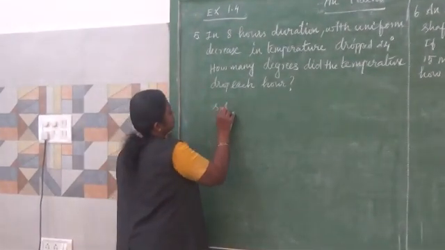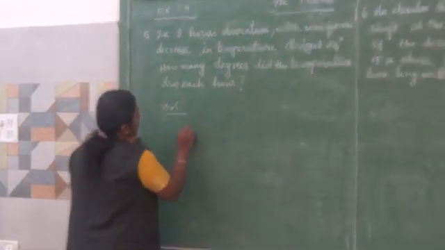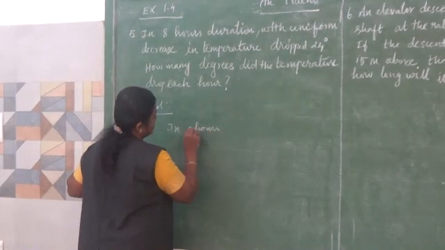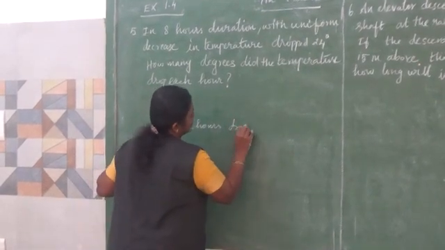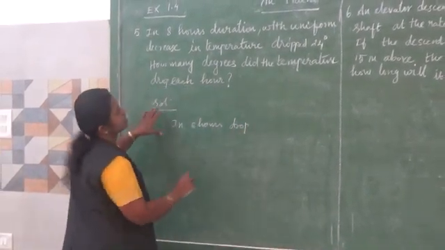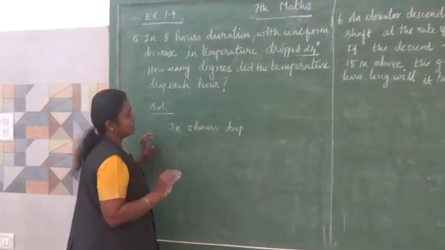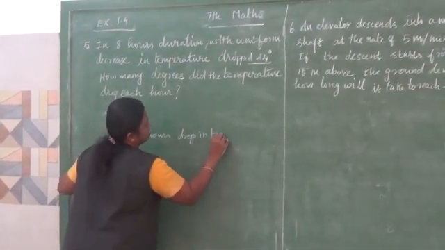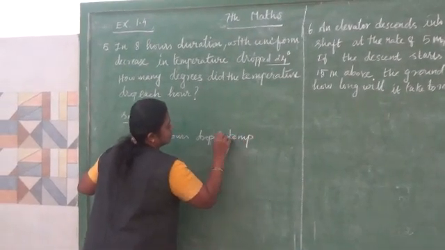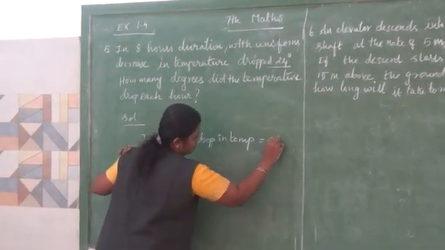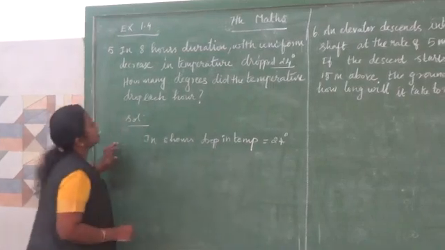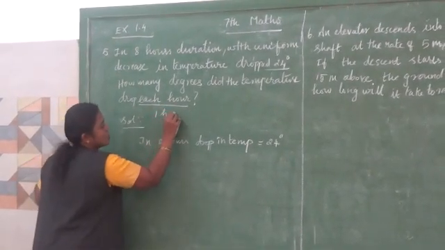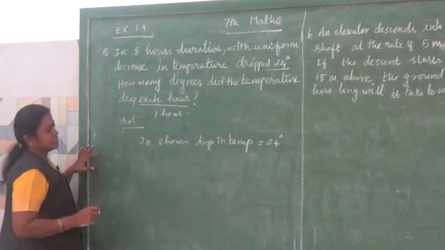Solution: the drop in temperature in 8 hours is given to us as 24 degree. We have to find out each hour, that means you have to find the 1 hour temperature drop.